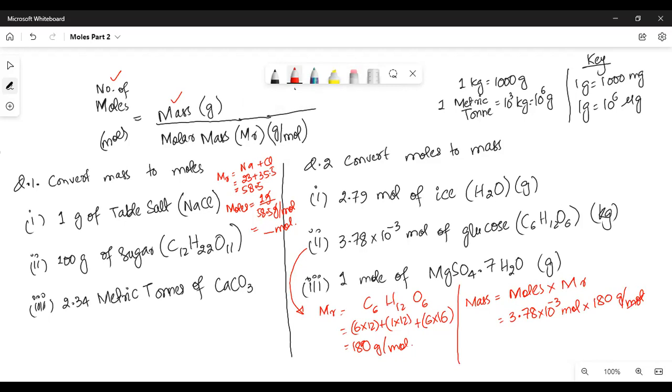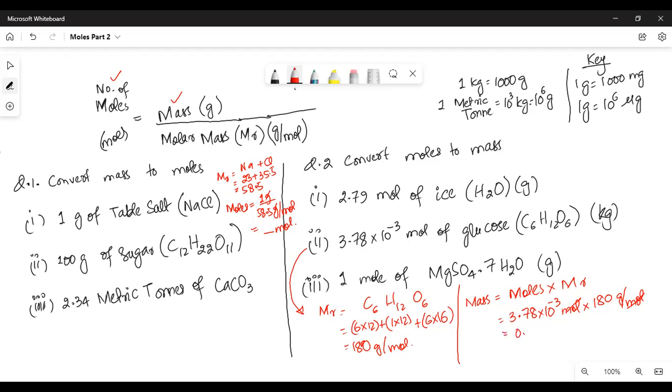So of course, we're going to cut mole and mole out. We are left with the value in grams. Can you help me quickly with your calculator? Multiply 3.78 into 10 raised to power minus 3 into 180. Yes, sir, the answer is 0.68.